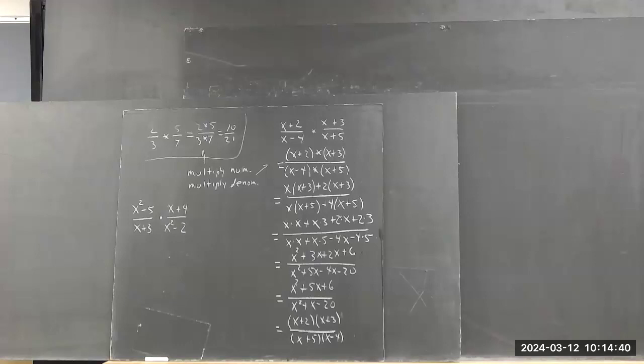How does it distribute along? Use the distributive law on the numerator, use it on the denominator. Since x times x is x squared, that's fine. But now you have to have x times negative 5, which would be a negative 5x, and you don't have a negative 5x.